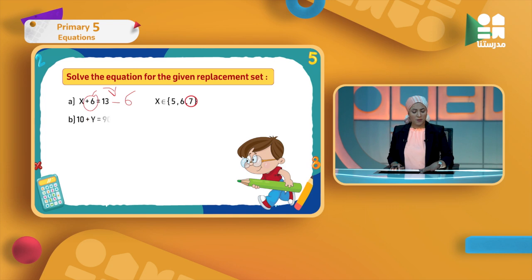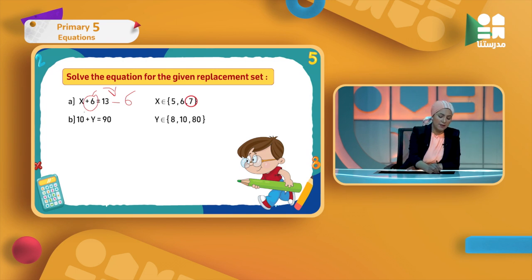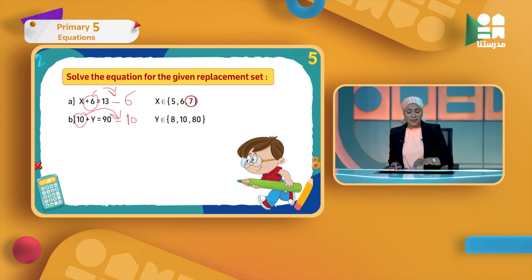Now, 10 plus y equals 90. هعمل ايه؟ هودي ال 10 on the other side with the negative sign. So it will be 90 minus 10. It's 80. So I have here between my choices the element 80. So I will circle 80.